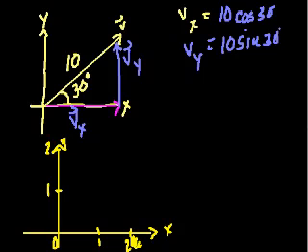I'm going to define what I call the unit vectors in 2 dimensions. So I'm going to first define a vector, I'll call this vector i. It just goes straight in the x direction. It has no y component, and it has a magnitude of 1.